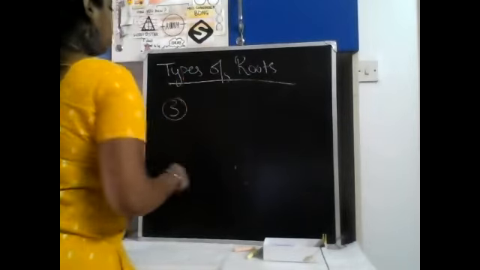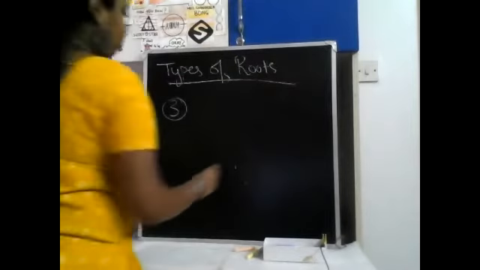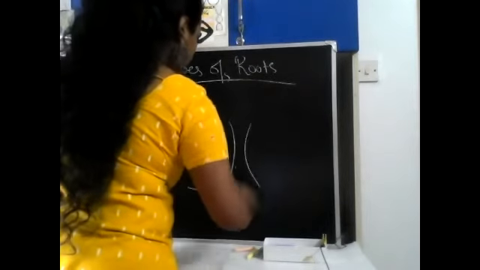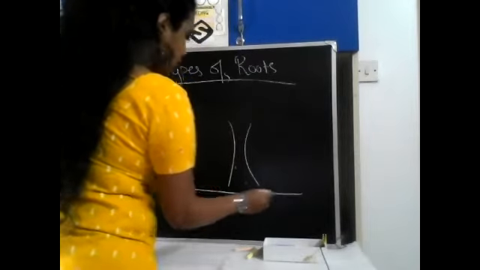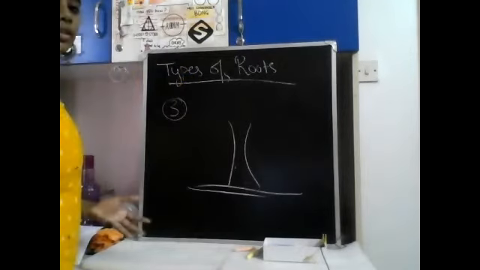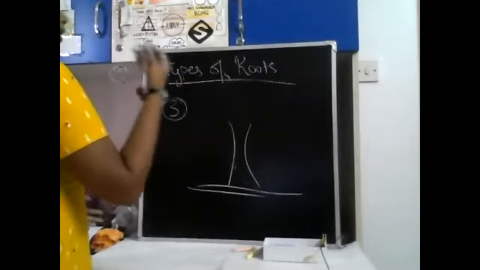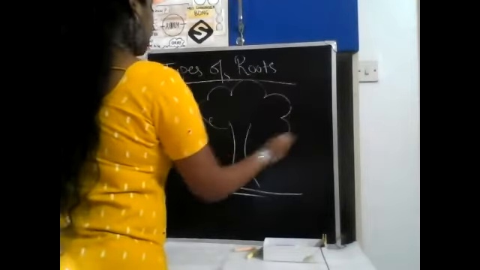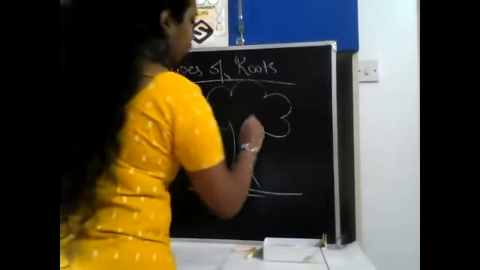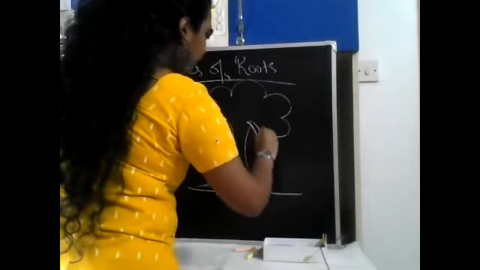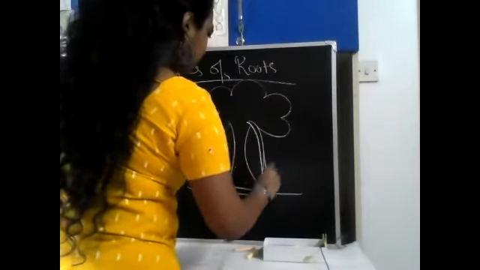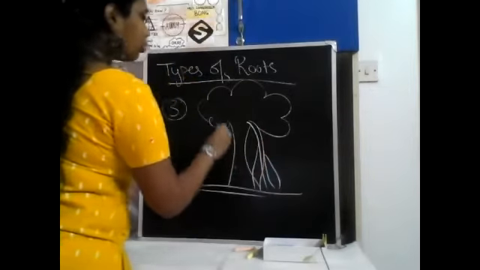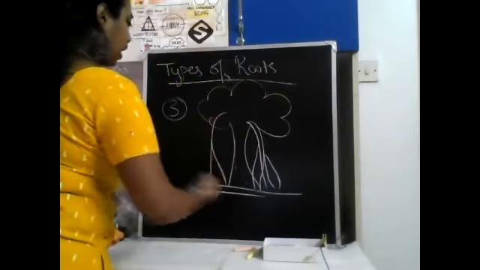Let's look at one more kind of root, but this root system is not like the others. The others were true root systems because they came from the radicle that we saw, right? But in the third kind, you have roots that arise from aerial portions of the plant.